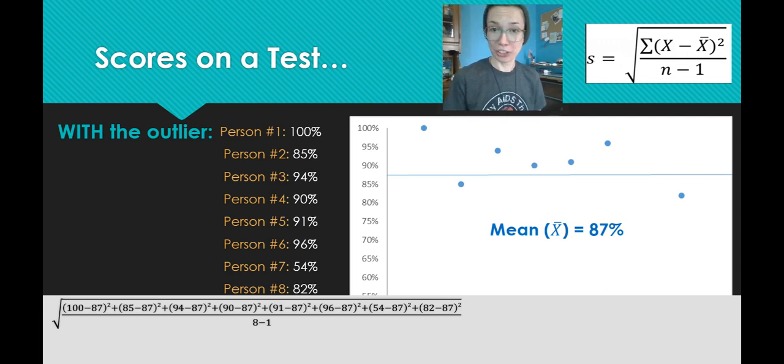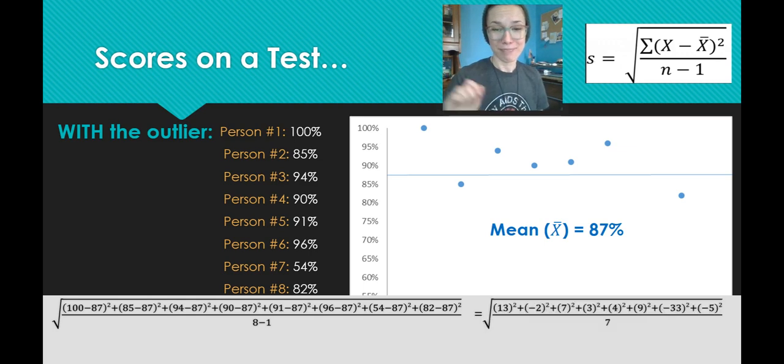I would again encourage you to take the step of condensing this information and see if you can get all the way to the standard deviation calculation. Hit pause if you haven't done that yet. Here's what I ended up with in simplifying these numbers.